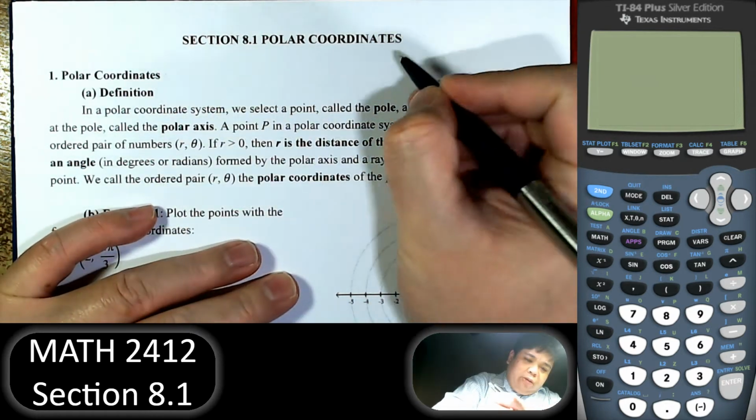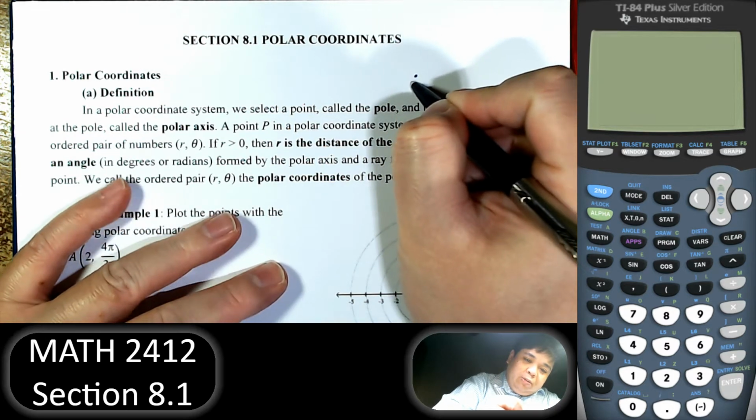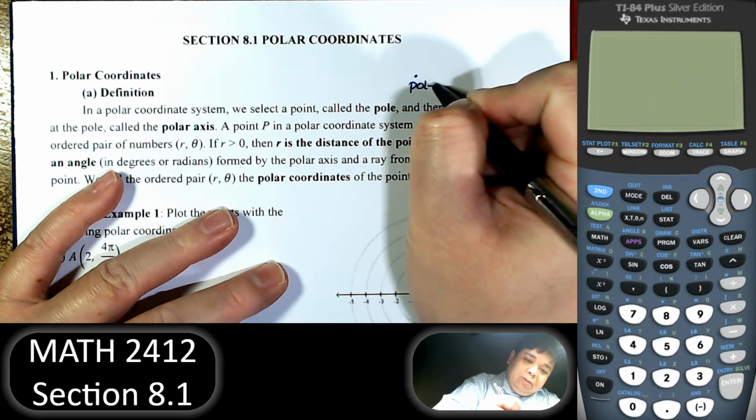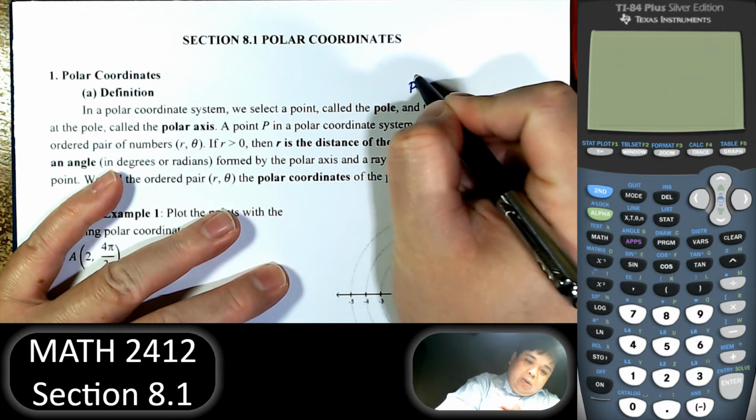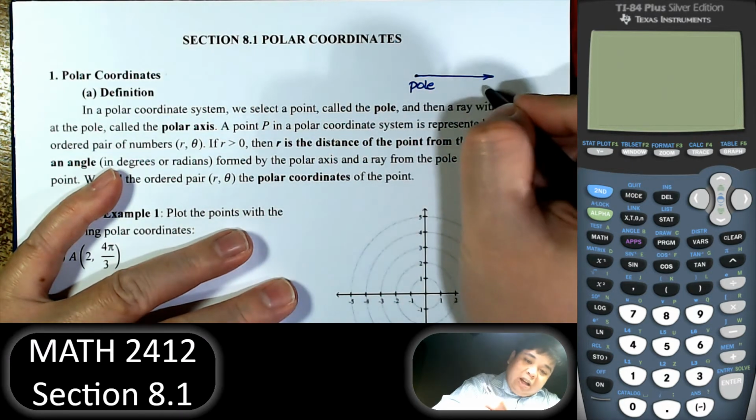So we choose a point to be a pole, and then we'll have a ray called the polar axis.